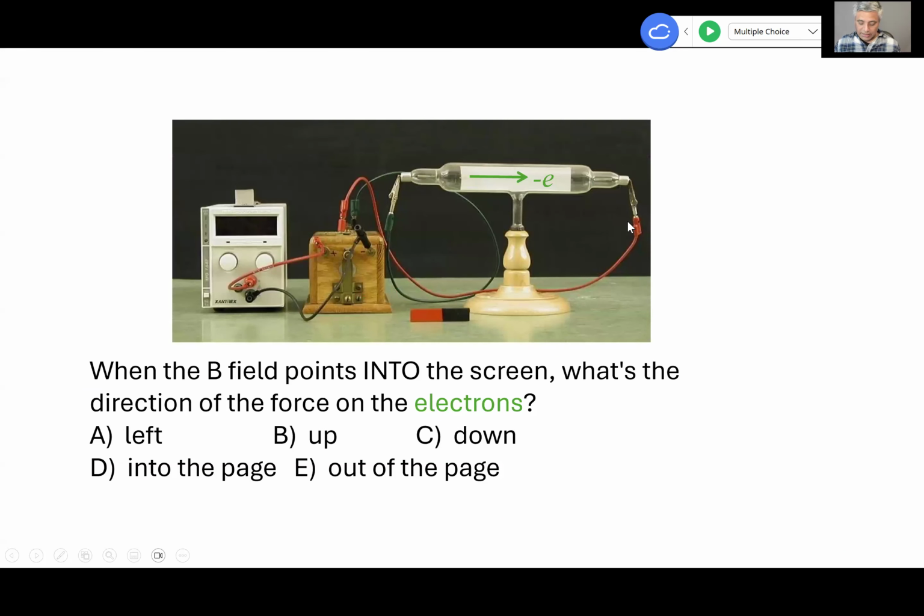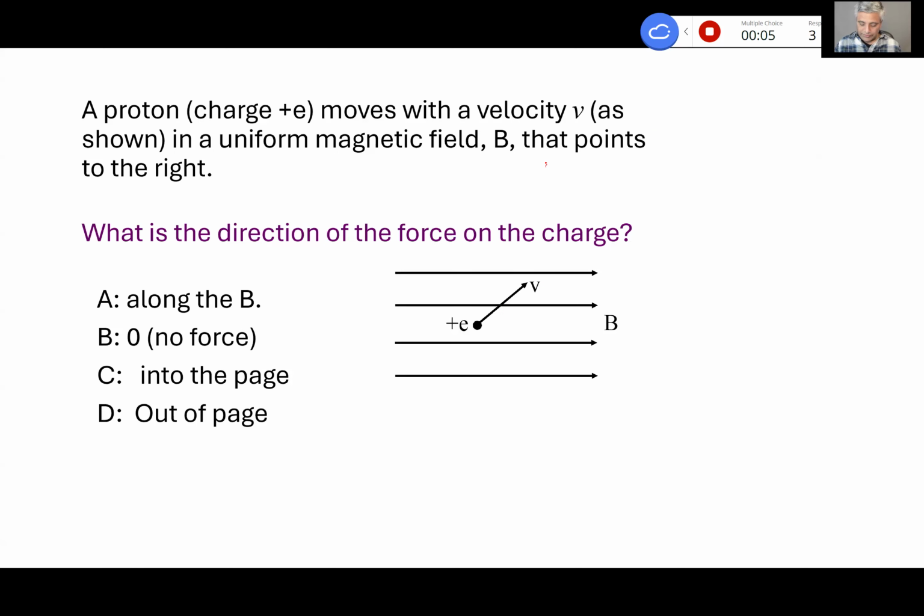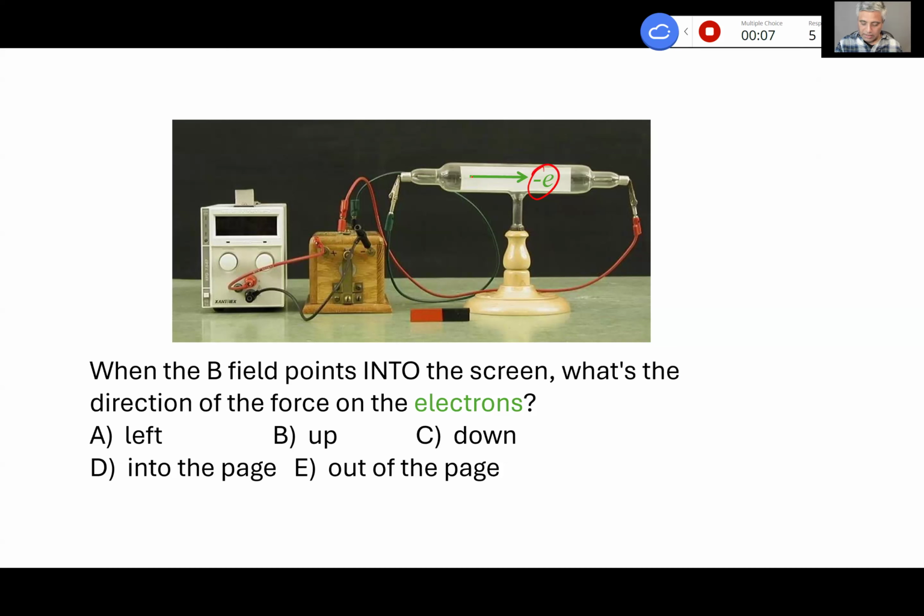So now here is a question for you. If you did not practice, hopefully you now practice and do it well. You have 1 minute and 30 seconds. Take your time. So this is an electron, and the electron is moving in that direction. On the screen, the electron is moving to the right.